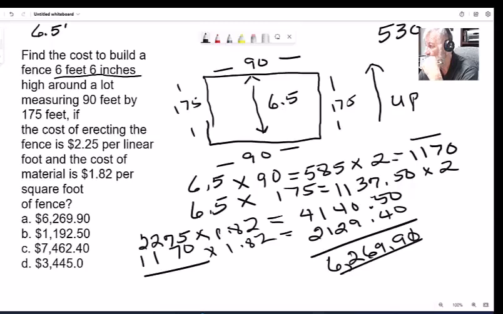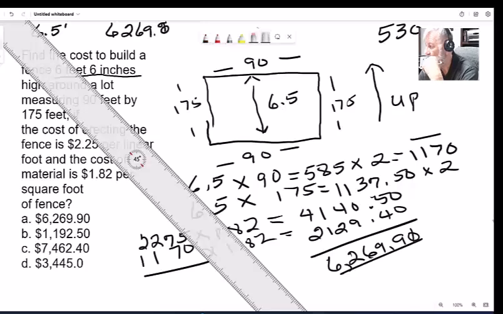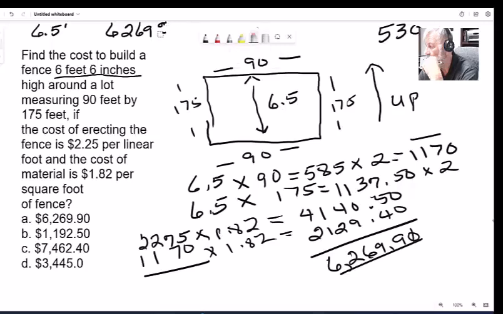So I'm going to put this 6,269.90 up here. All right, now let me erase this.